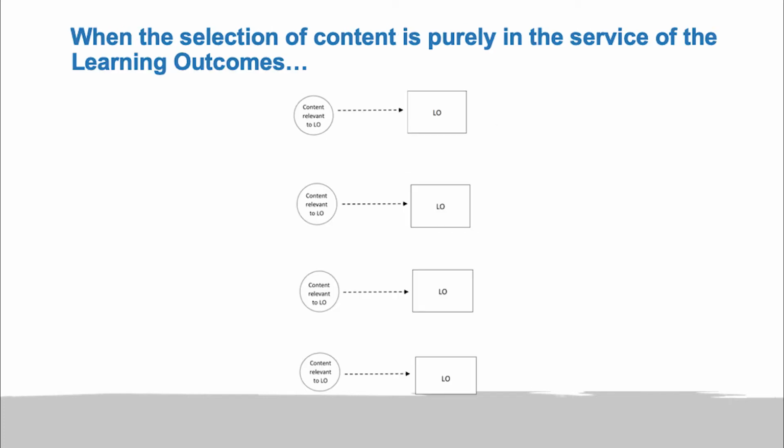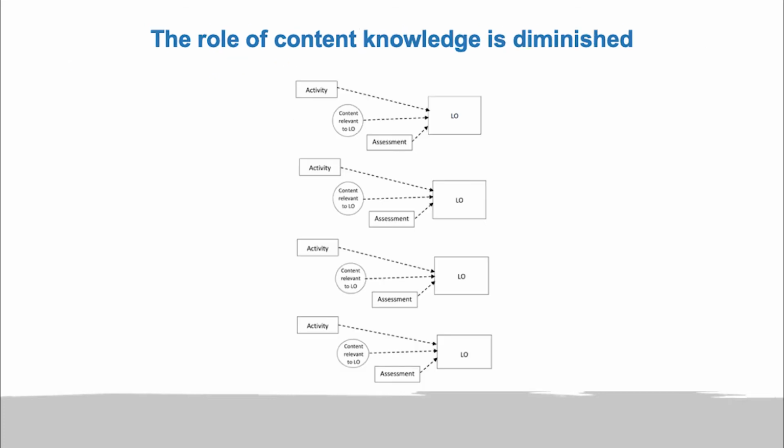The role of systematic knowledge in learning is weakened as unconnected bits of content are chosen only for the sake of providing an ingredient for the learning of this or that skill. The importance of systematic knowledge shrinks as it becomes subordinate to learning outcomes, along with learning activities and assessments, and may all but disappear.